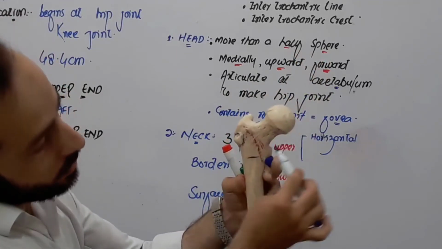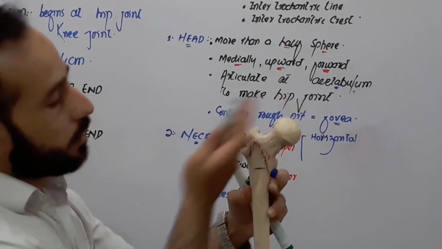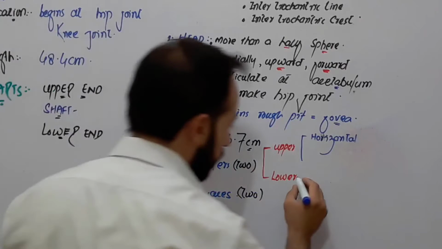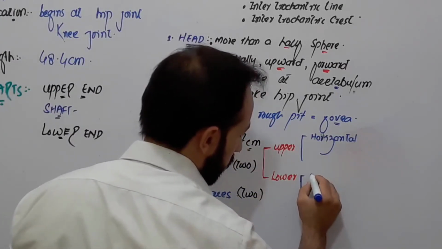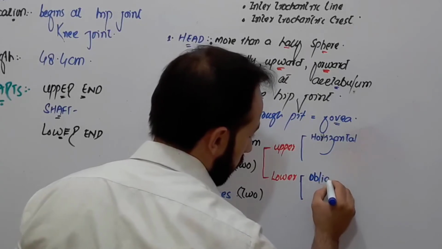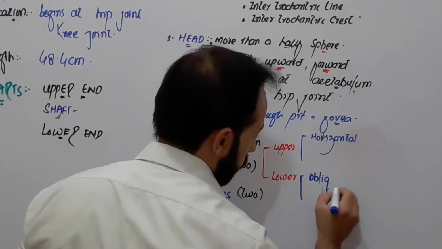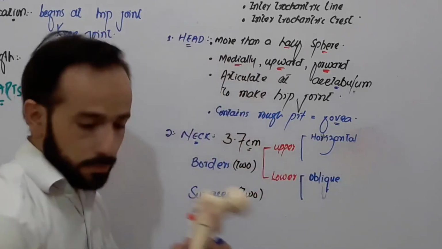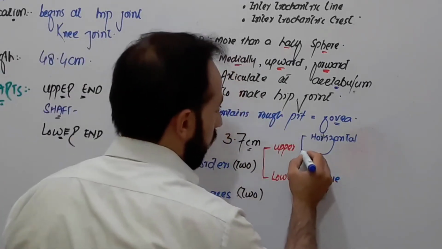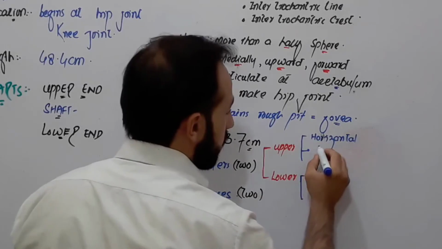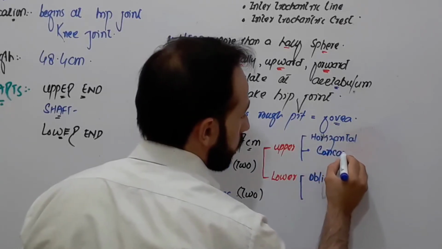The lower border is a little bit oblique, and the upper border is a little bit horizontal. So I will write here the points. The lower border is a little bit oblique in nature, right? And upper border is horizontal. The next point about it is that the upper border is a little bit concave, right?